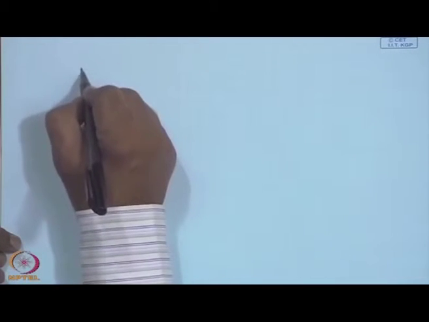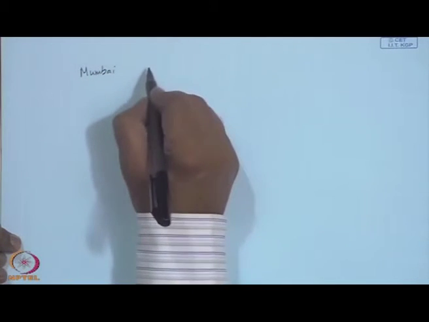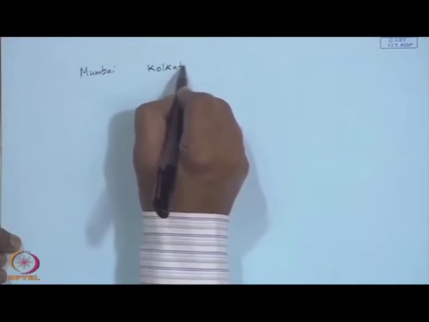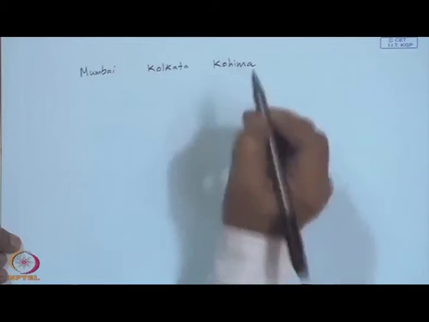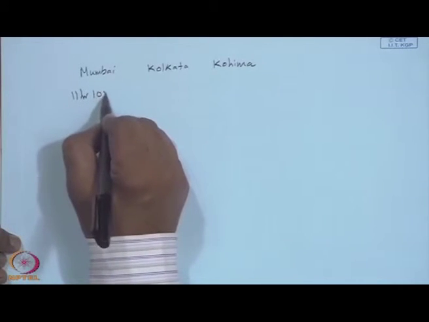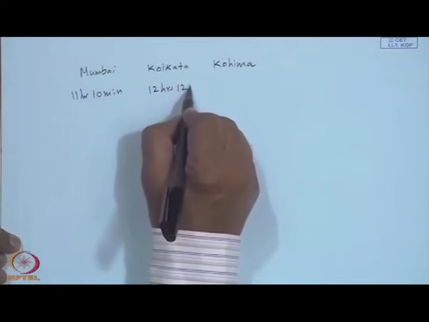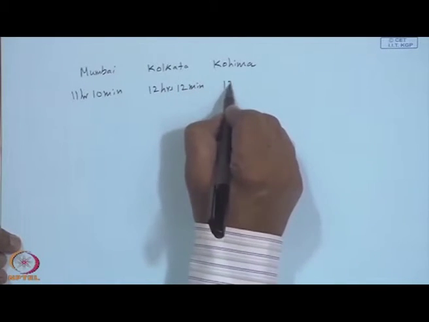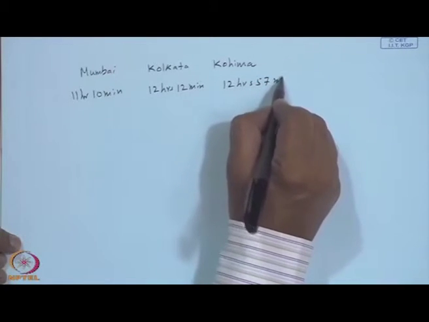So, once again as a contrast, you can see Mumbai. Now, I have put it in the increasing order of the longitude: Kolkata, and then Kohima. 11 hours 10 minutes, 12 hours 12 minutes, and 12 hours 57 minutes.